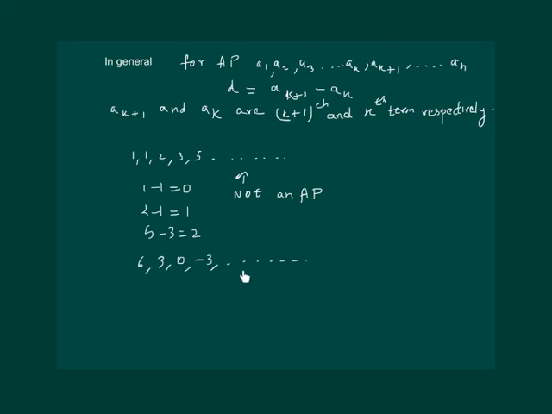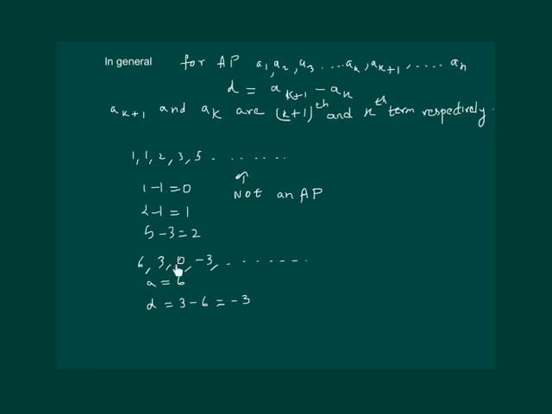Consider another list of numbers. Now here a is 6. To find d, we subtract a2 minus a1, that is 3 minus 6, which comes out to be minus 3.